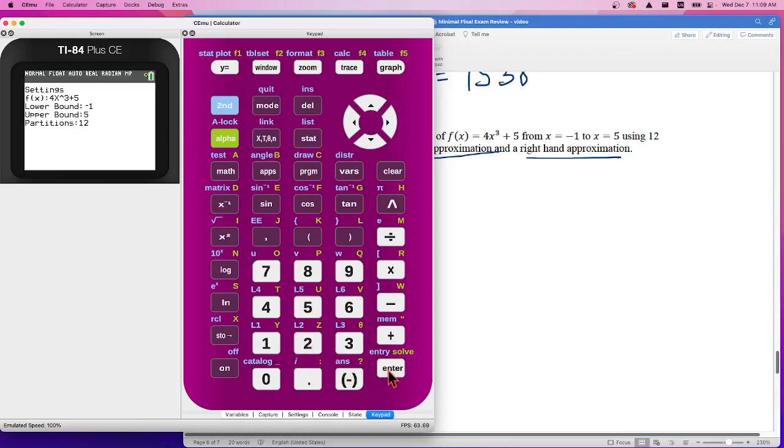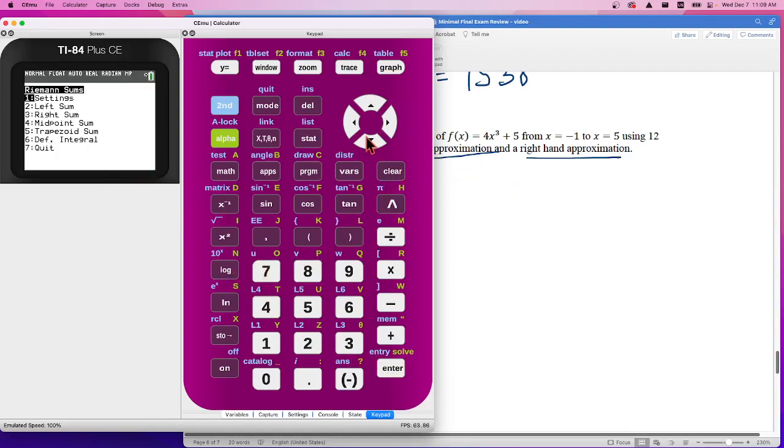Just like that. Now remember, it's not only going to give us the answer, but it'll draw the graph for us. It usually finds a good window. So it's showing us we're going from -1, there's probably a little line there somewhere, to 5, and then we're going to hit enter.